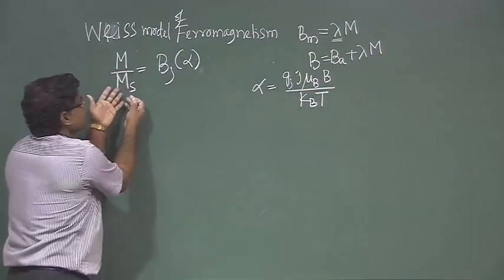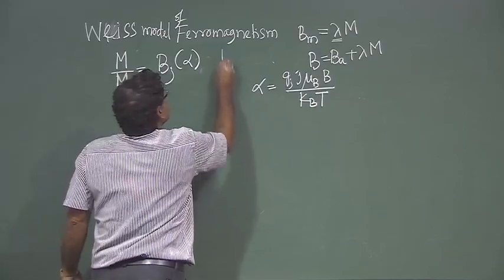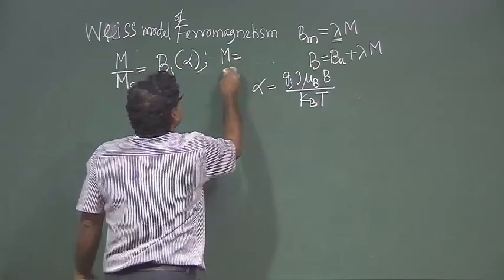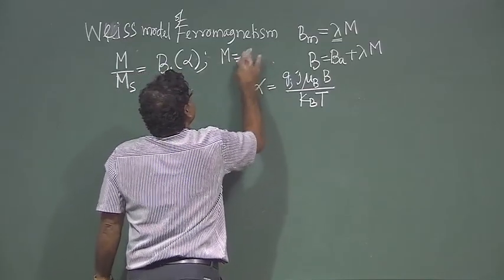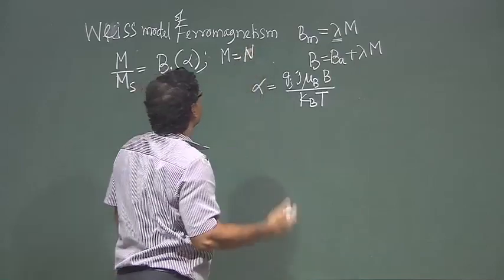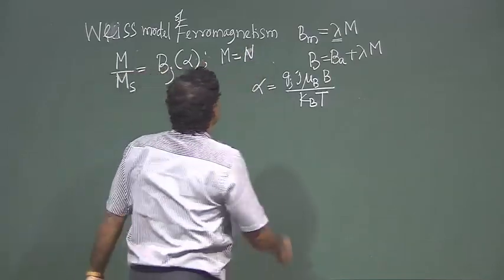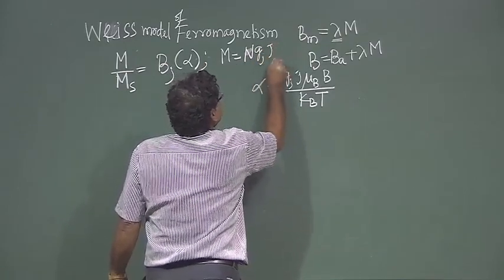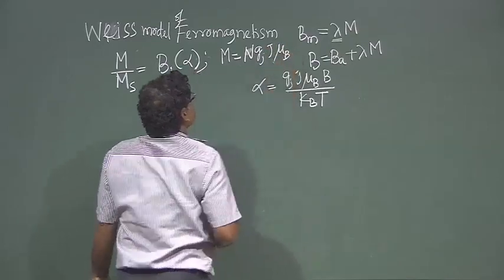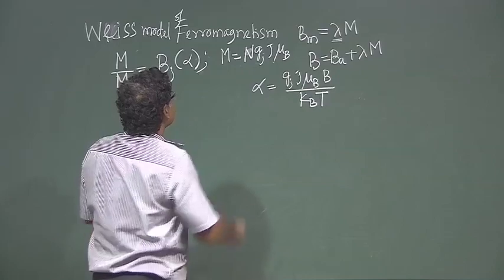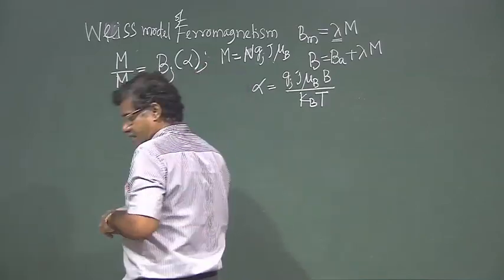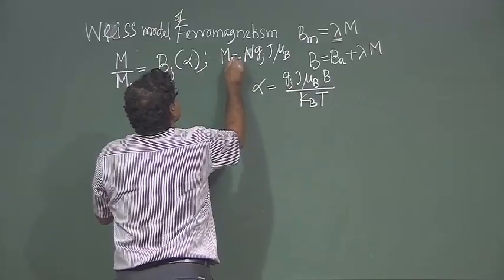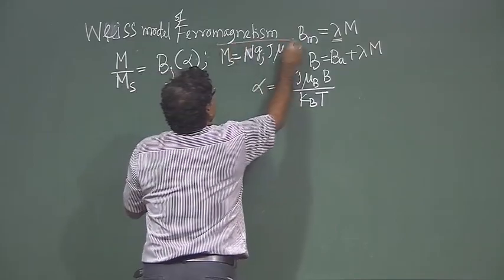And Ms, the saturation magnetization, is basically the number of atoms per unit volume times g J mu_B. Okay. That is the saturation magnetization, I should write Ms.